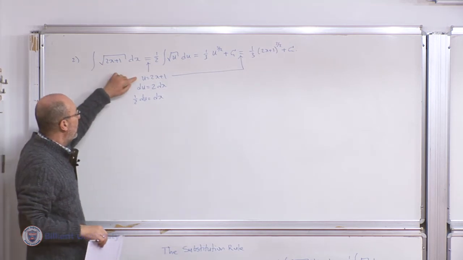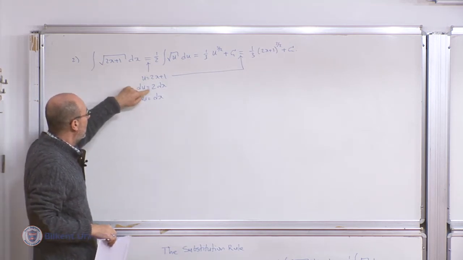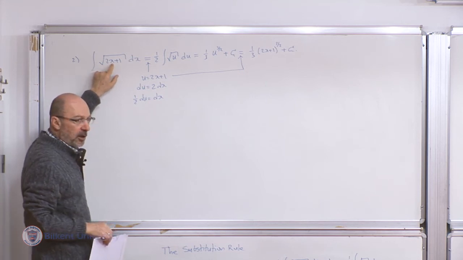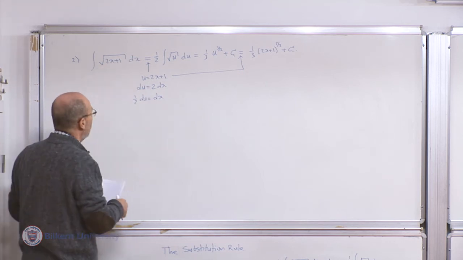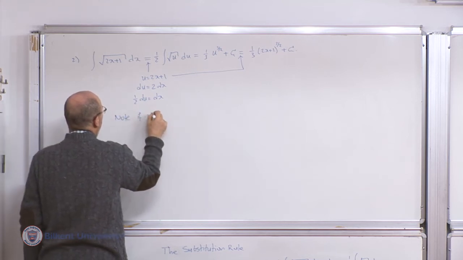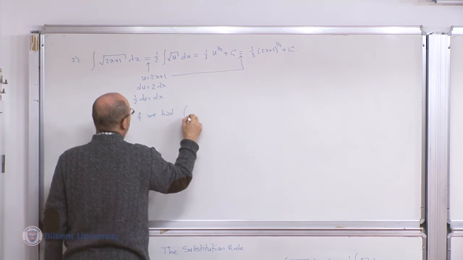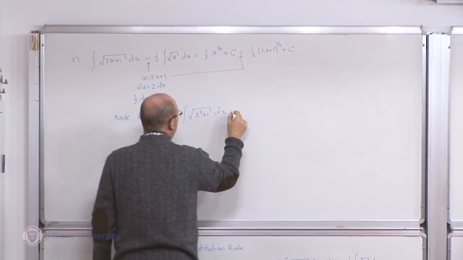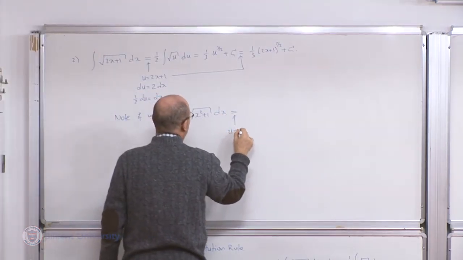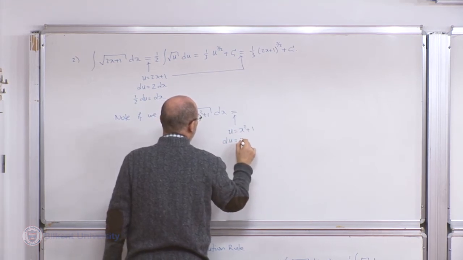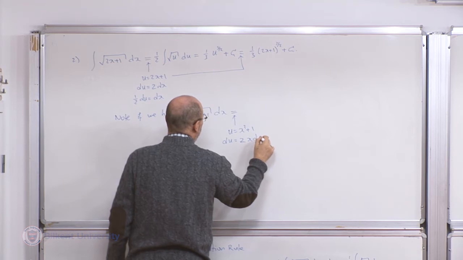Now here this worked because after I differentiated this, I get something here. If I had x squared here, you see it would not work in this case. Note, if we had the integral of square root of x squared plus 1 dx, and we put u equals x squared plus 1, du is 2x dx.